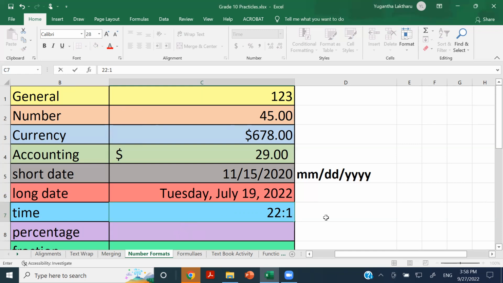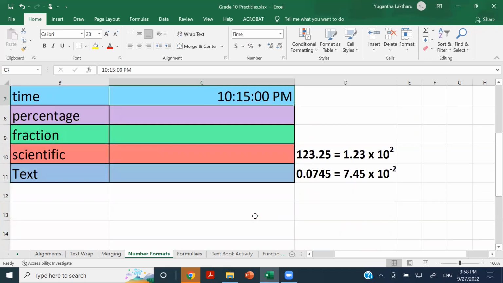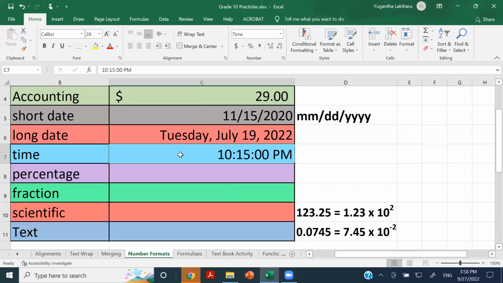So if you say 22:15, it is going to give you 10:15 p.m. So that is how the time is managed.